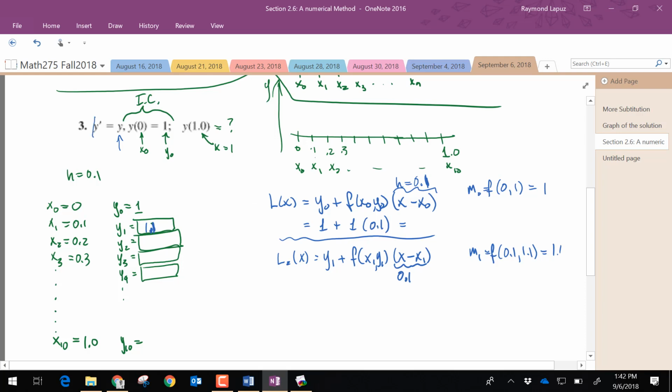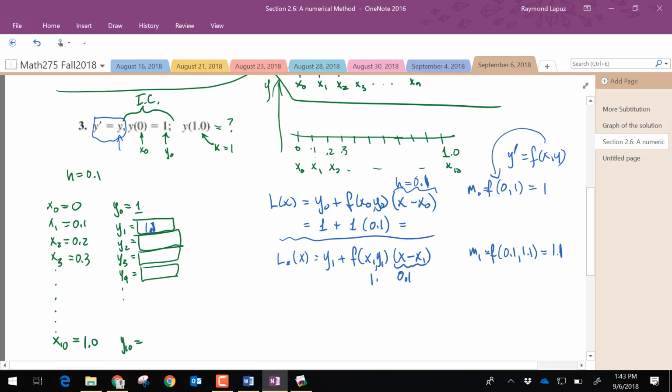So this is the function that I'm looking at. So y prime is your f of x, y. And that's what I'm using to find my function. In this case, it's just y. It's a really simple example. I mean, we know the answer to this already, but it's good to do one of these numerical problems with a problem that you know the answer to, so you can check to make sure it's close.